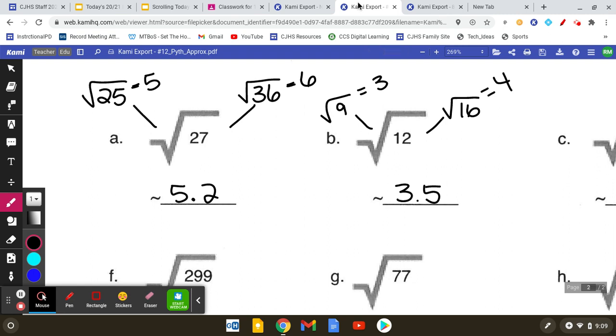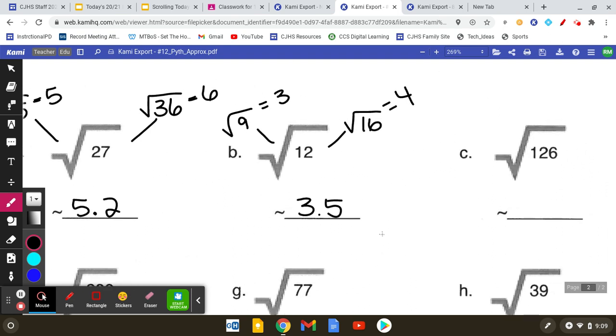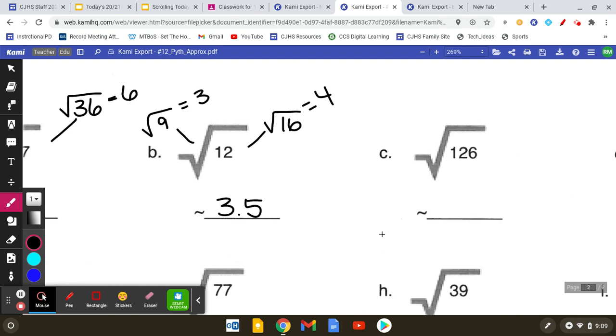Okay. Let's look at letter C, square root of 126. Which 2 is it in between?